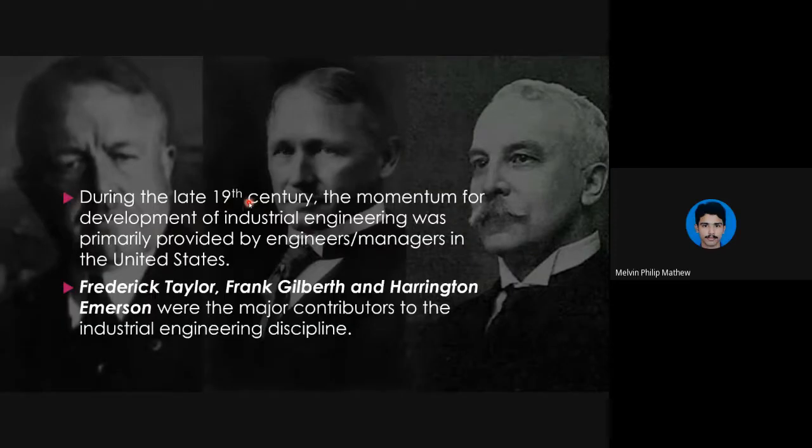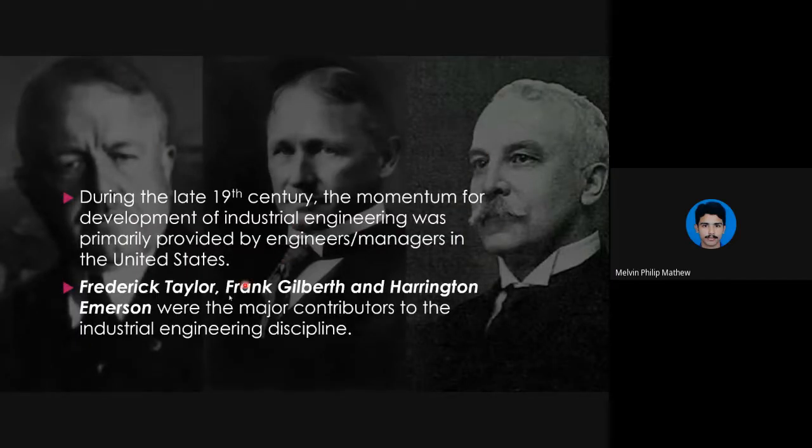So basically, three people were responsible for this contribution to industrial engineering. One is Frederick Taylor, Frank Gilbert, and Harrington Emerson. So this is Frederick Taylor. The one shown in the middle is Frederick Taylor. Then this is Frank Gilbert. The first one shown here is Frank Gilbert, and this is Harrington Emerson.